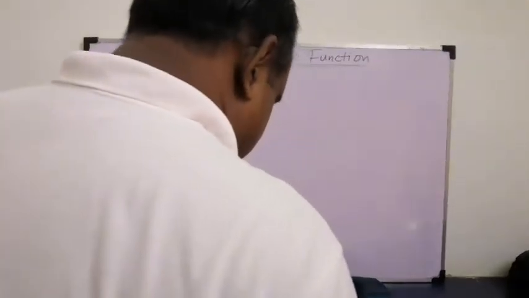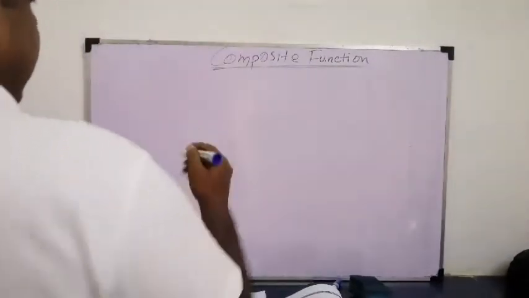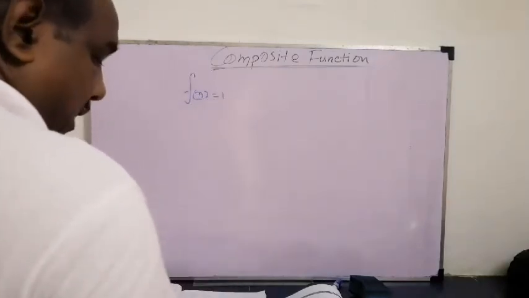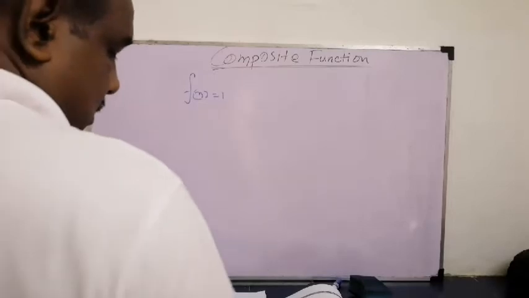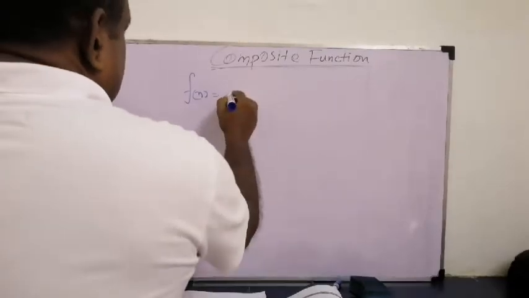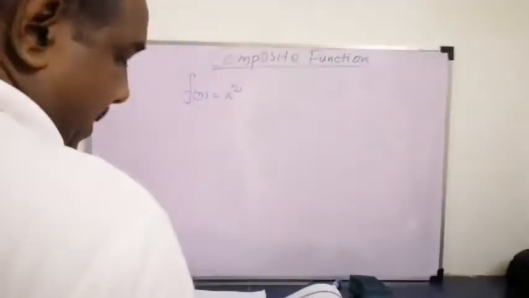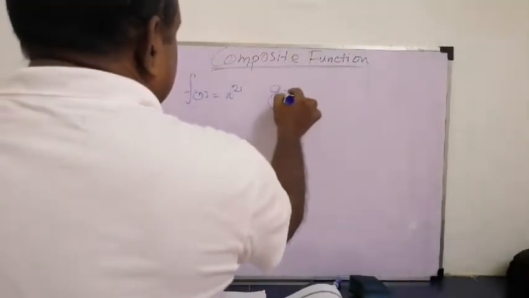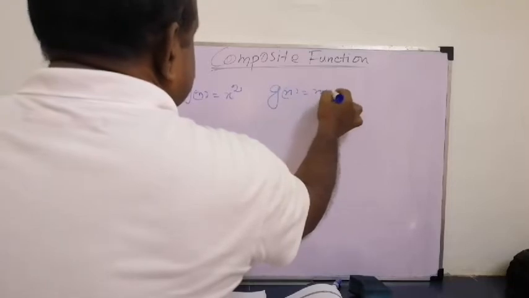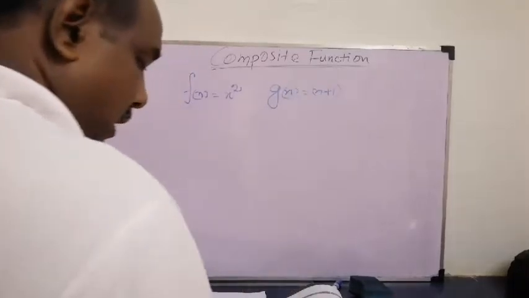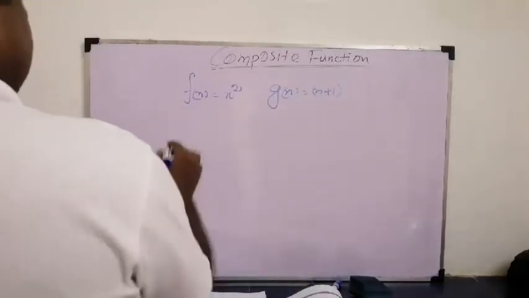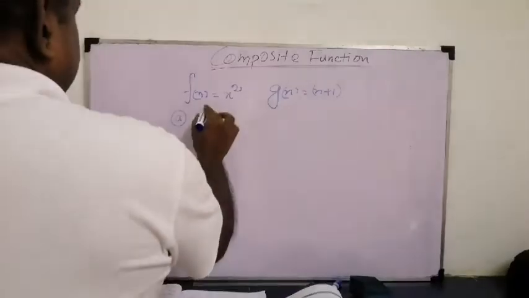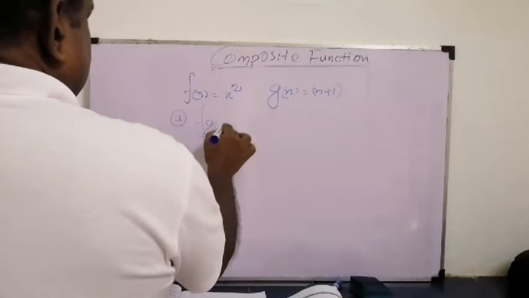They are given f(x) equal to x squared, and g(x) equal to x plus 1. First they are asking to find f into g into 1.